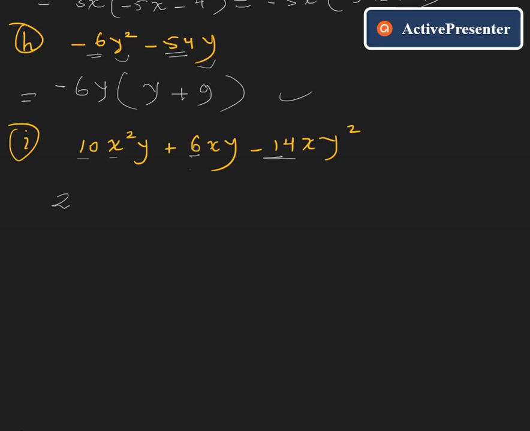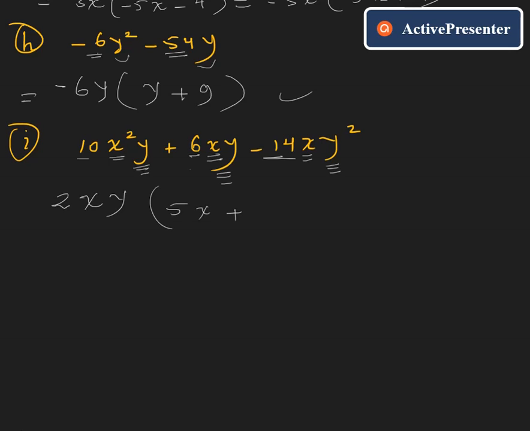What about here? X squared, and here we have x, and here we have x. The greatest that can divide them all is x. What about y? We have here y, here we have y, here we have y squared. So the greatest that can divide them all is y. Open parenthesis, then divide 10x squared by the greatest common factor, it should be 5x.